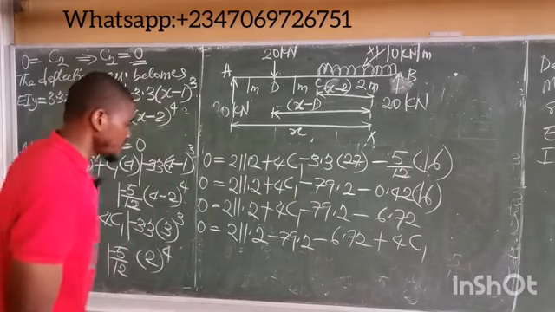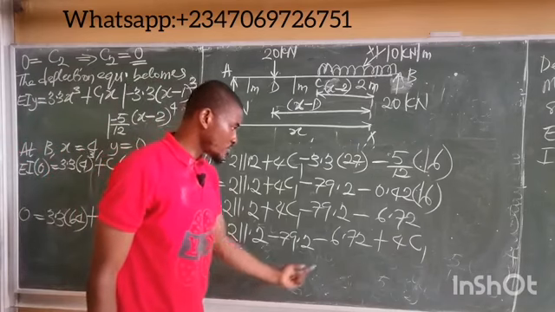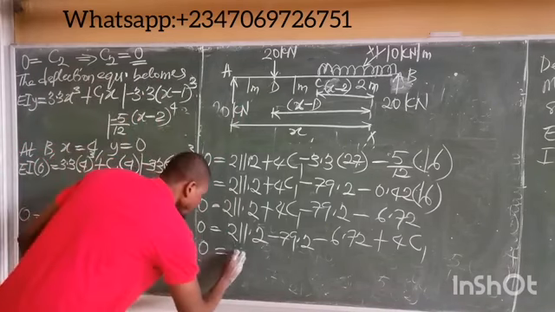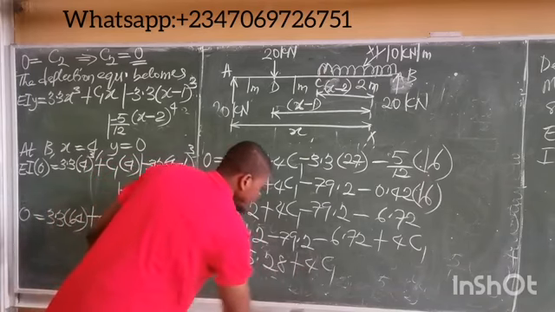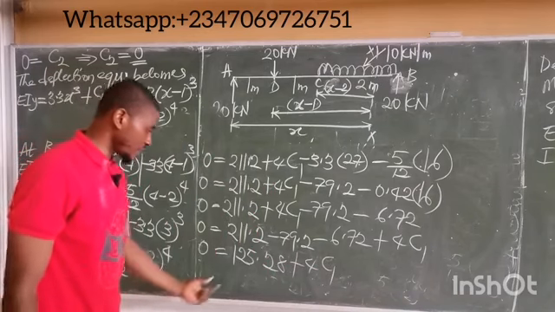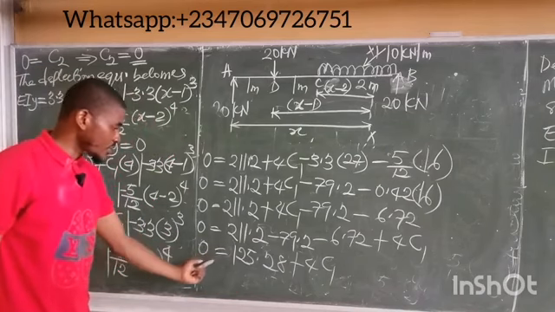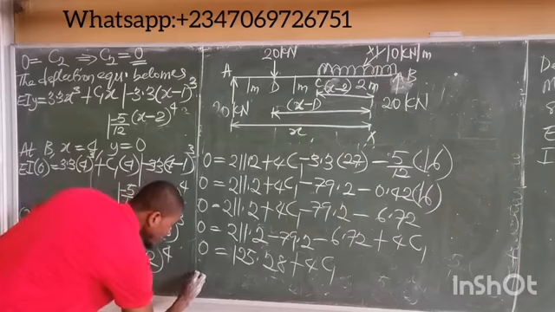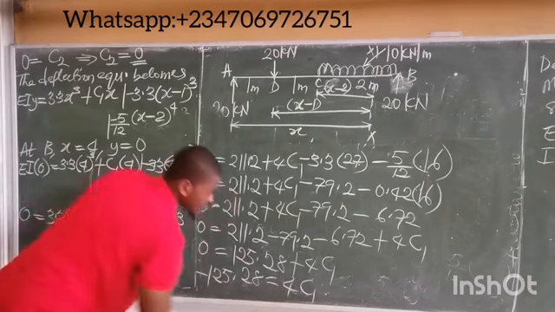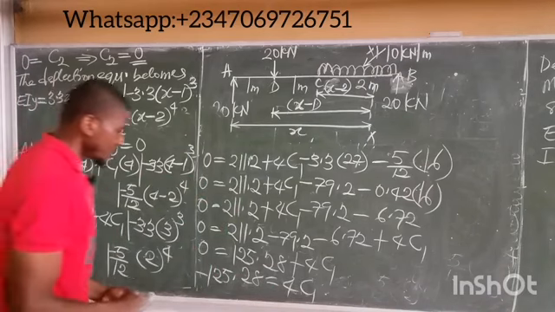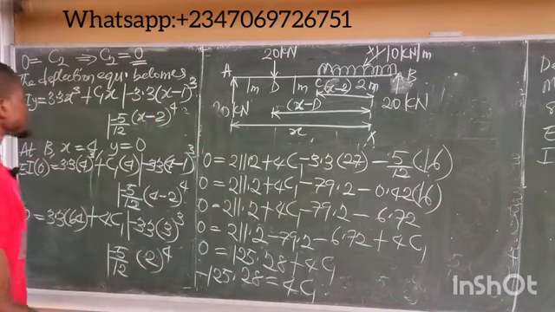So we'll have 125.28 plus 4C1. Now we send 125.28 over to this side of the equation. Positive sign crosses the equal to sign and becomes negative. So we have minus 125.28 equals 4C1. We can make C1 the subject by dividing through by the coefficient of C1, which is 4.